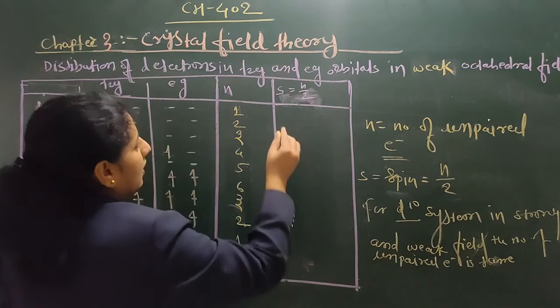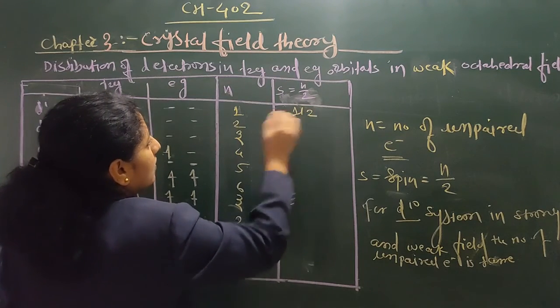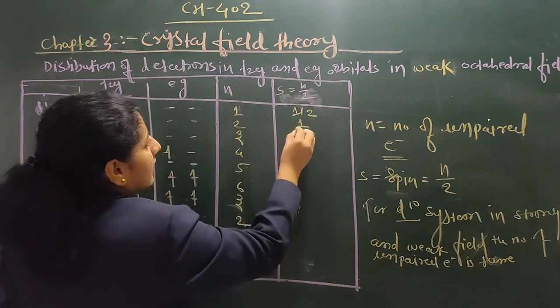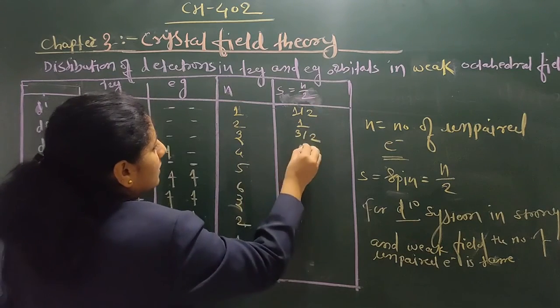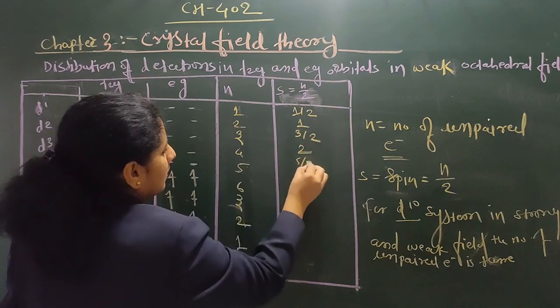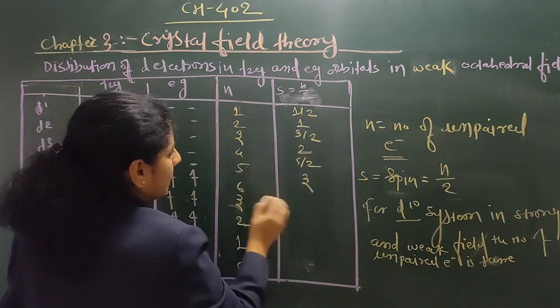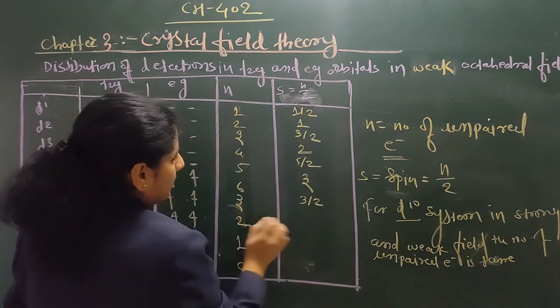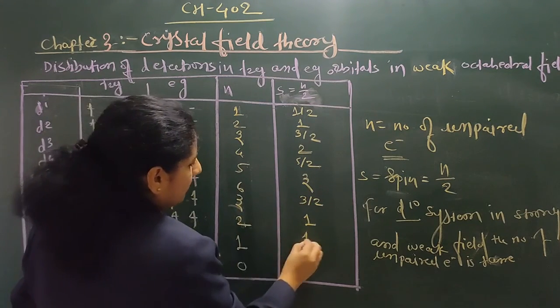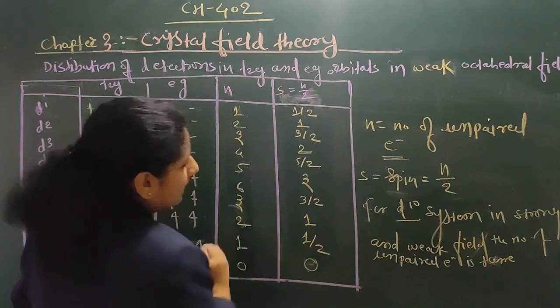So what about their spin? The spin is 1/2, 2/2 that is 1, 3/2, 4/2 that is 2, 5/2, 6/2 that is 3, 3/2, then 1, then 1/2, and again for D10 it will be 0.